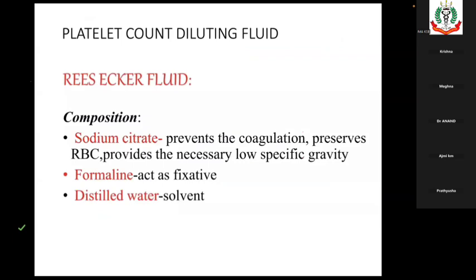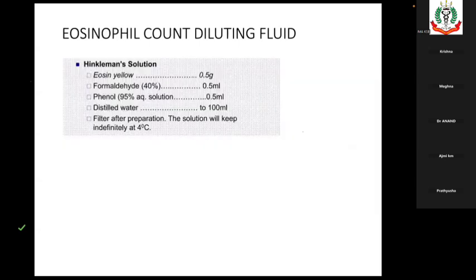RBC fluid, platelet fluid: at least you should be able to name them, like Rees-Ecker fluid, though not the constituents. And one more diluting fluid can again be asked, for the absolute eosinophil count. The diluting fluid used for absolute eosinophil count is Hinkelman solution, or it can be Pilot's fluid also.